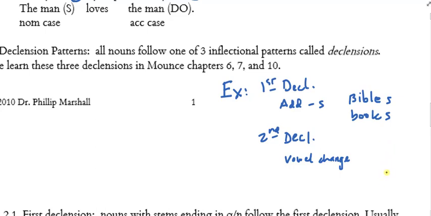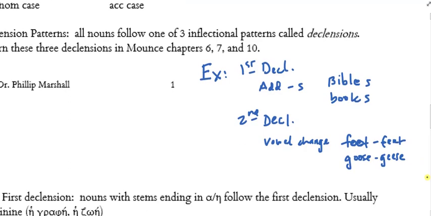Yeah, let's try a different one. Okay, good. Well, here, you're using one of my examples, right? Foot becomes feet. Foot becomes feet. Good. What's another one? Goose becomes geese. Okay, excellent. That's it. Those are good examples.